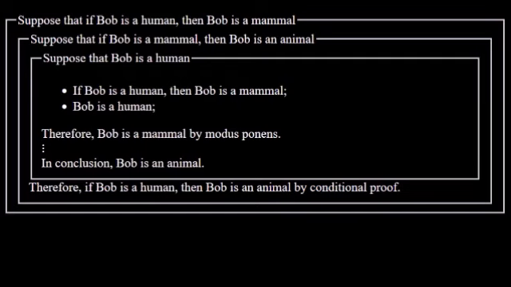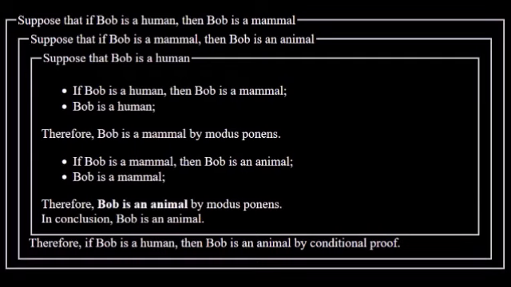That's it. We do the exact same thing on the very next line. If Bob is a mammal, then Bob is an animal. Bob is a mammal, so Bob is necessarily an animal himself. And here we have it. We've proved that Bob is an animal by supposing Bob is a human.